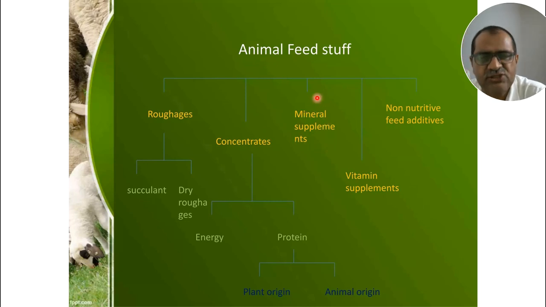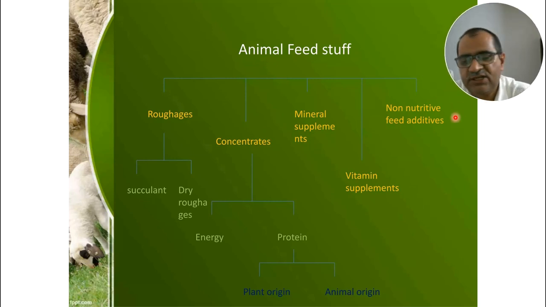Then we also need to supply additional minerals apart from the minerals present in both of these. Apart from this, non-nutritive feed additives are also there. They may include antibiotics sometimes, feed supplements, and some ingredients essential for proper digestion, especially in cattle, like enzymes. The energy and protein are the main components of animal feed.